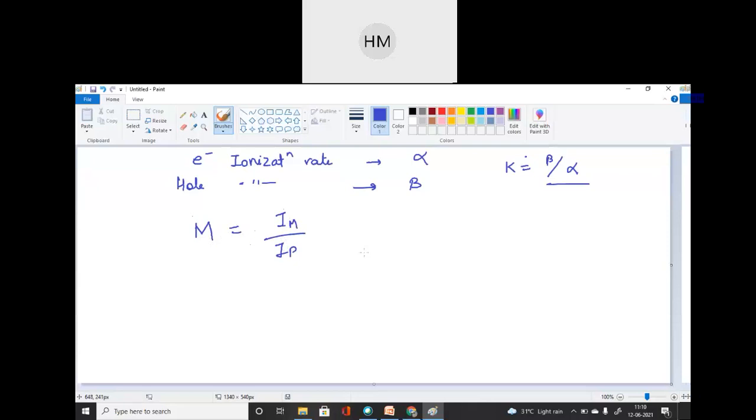This multiplication M, Im is the average value of total multiplied output current, and Ip is the primary unmultiplied photo current.